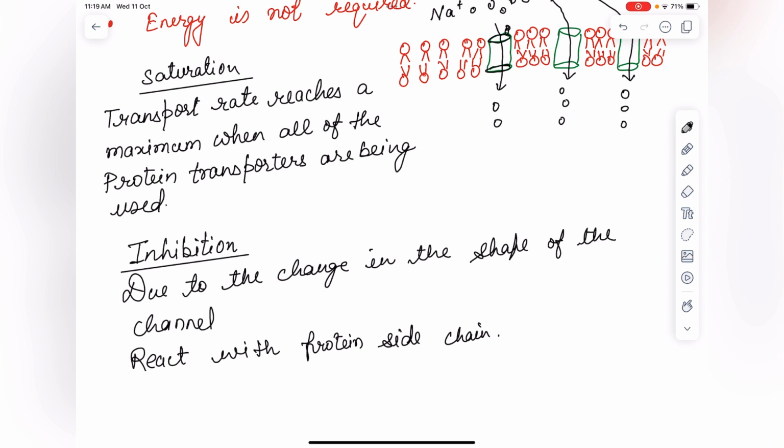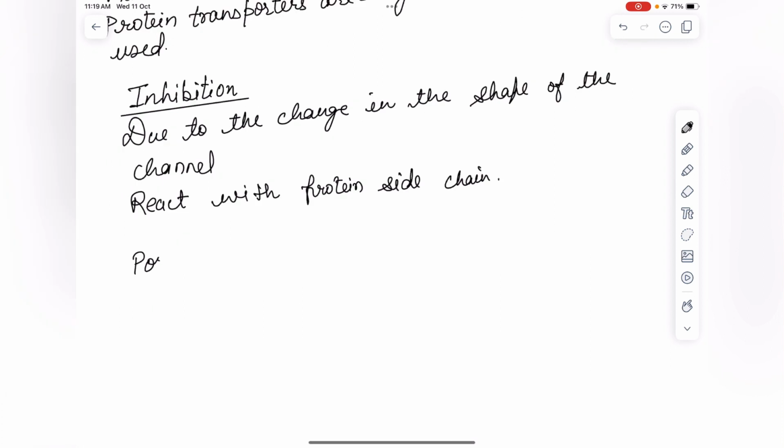Some are large, allowing a variety of molecules to cross, and these are called porins. Porins एक kind का pores होगा which is present on the membrane, and these porins are actually made up of proteins.